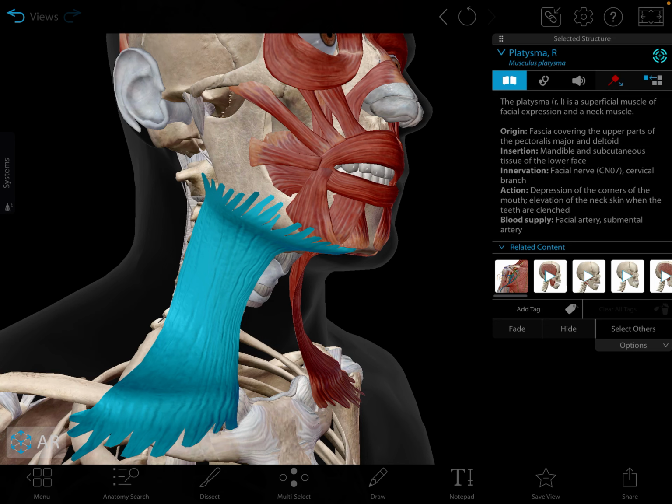So this muscle is a facial expression muscle, so it's going to help in drawing the corners or angle of our mouth down. It is also what is going to flare our skin and wrinkle the skin over our neck whenever we clench our teeth. If you think of clenching your teeth and grimacing, you can feel that skin over your neck region. You can also feel the tendons in that region all wrinkle and flare out.